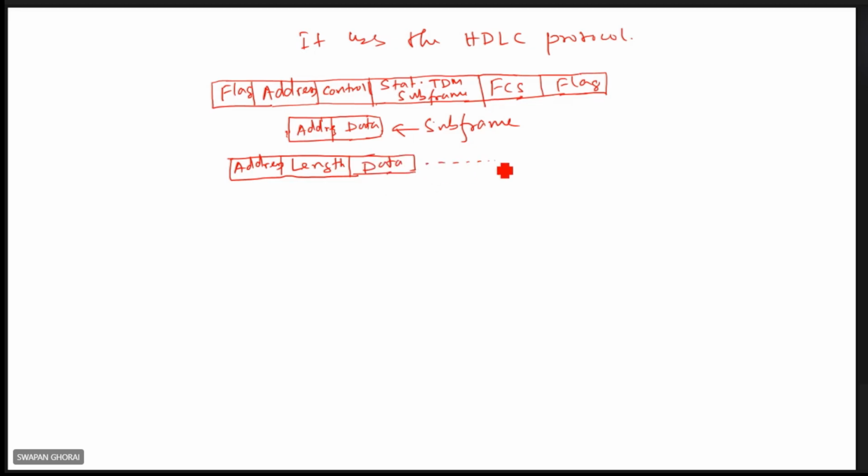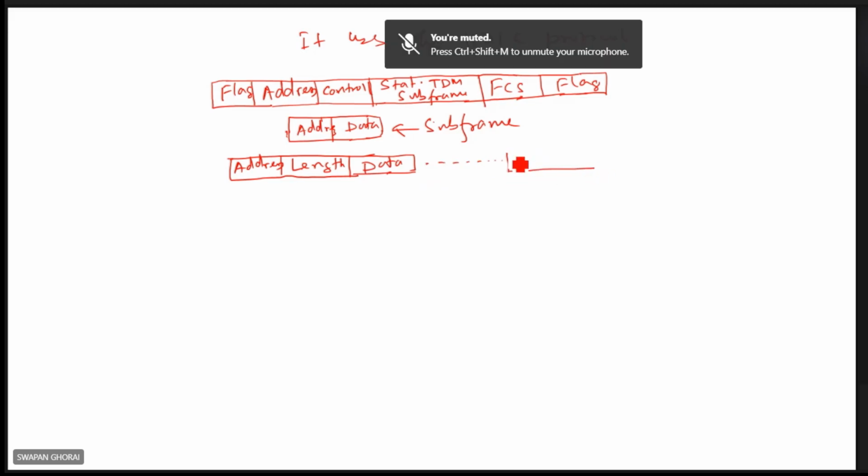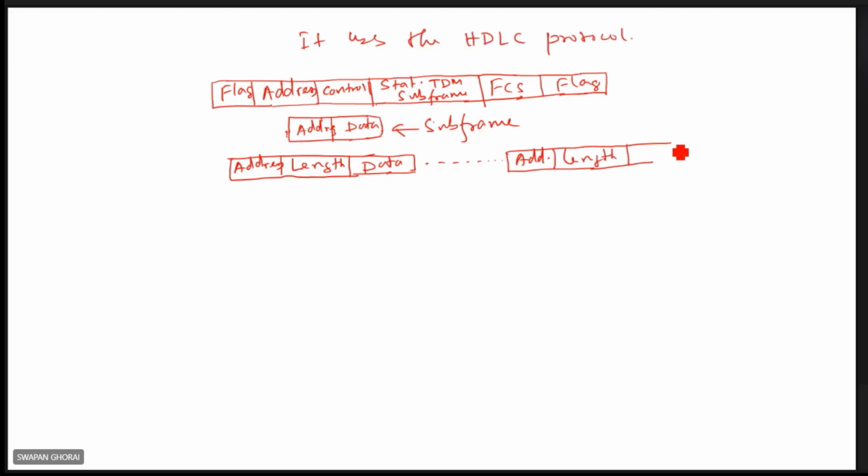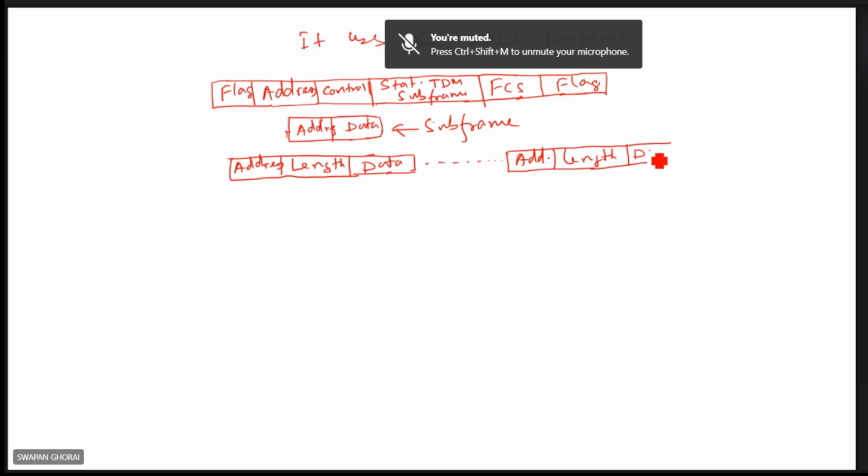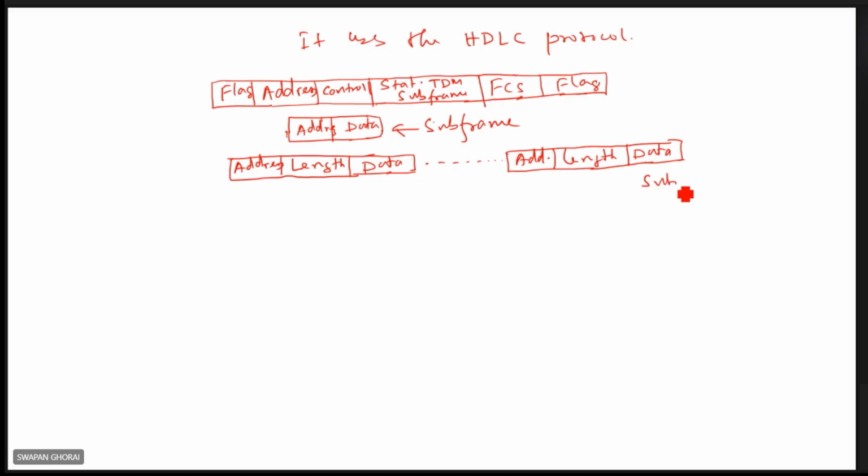Similarly, if you have multiple sources, then there will be another such set of subframes for address, next length, next data. So these are the subframes for multiple sources.